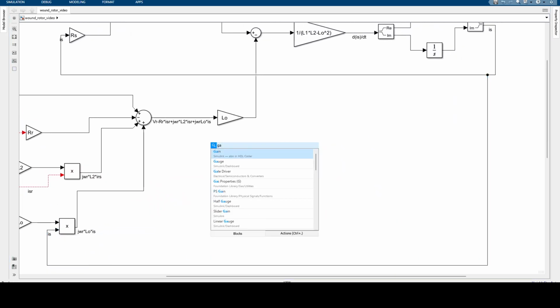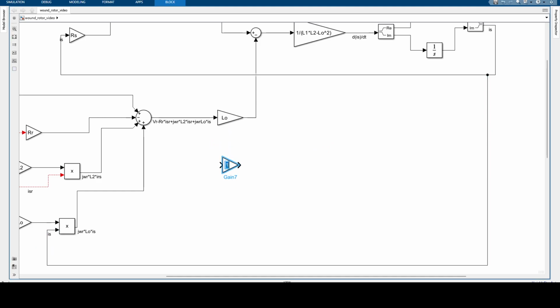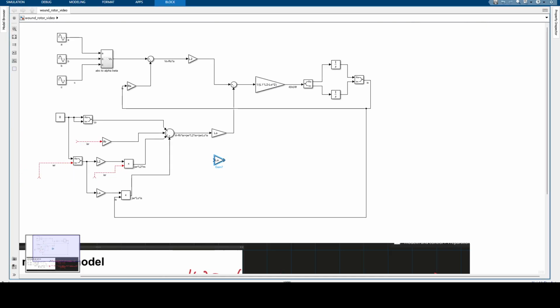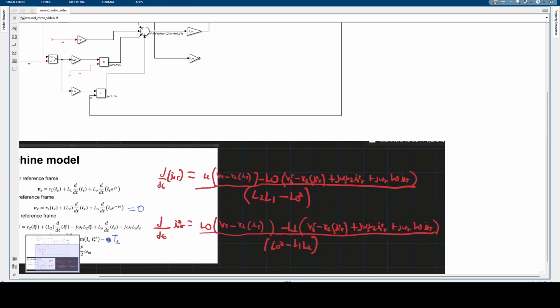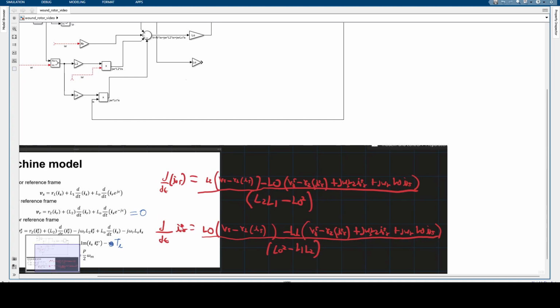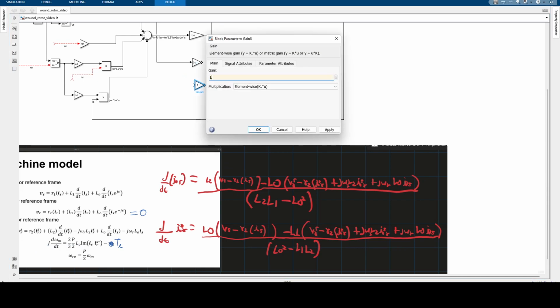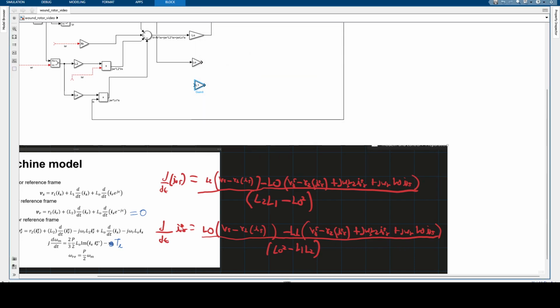So we have a gain of L naught. We have this multiplied by L naught now, and we are going to have all of this times minus L1. So all of this times L1.